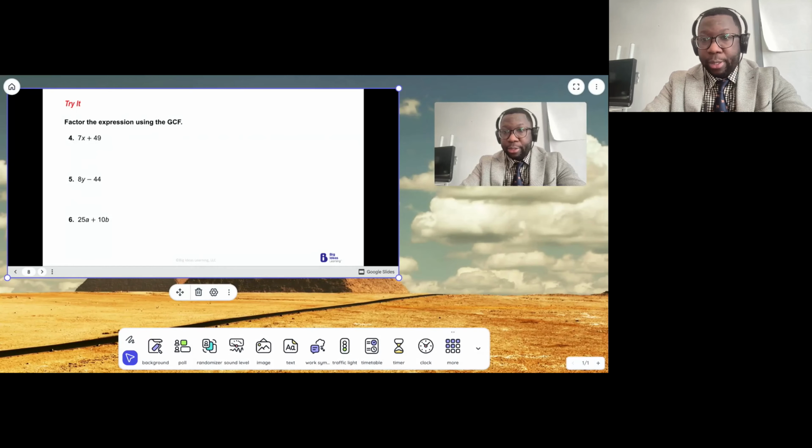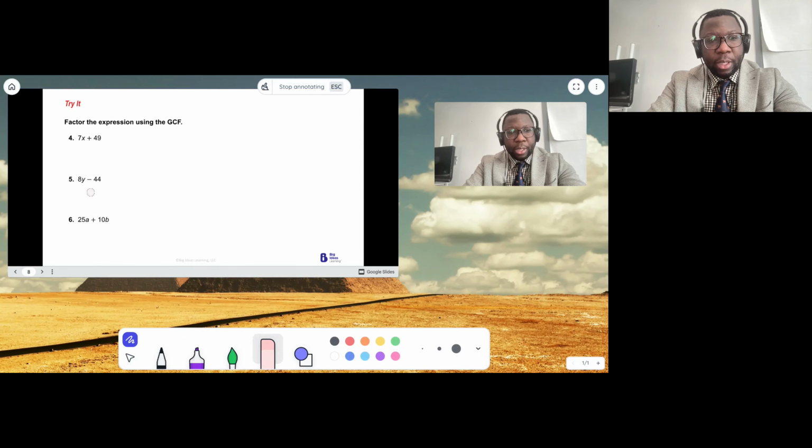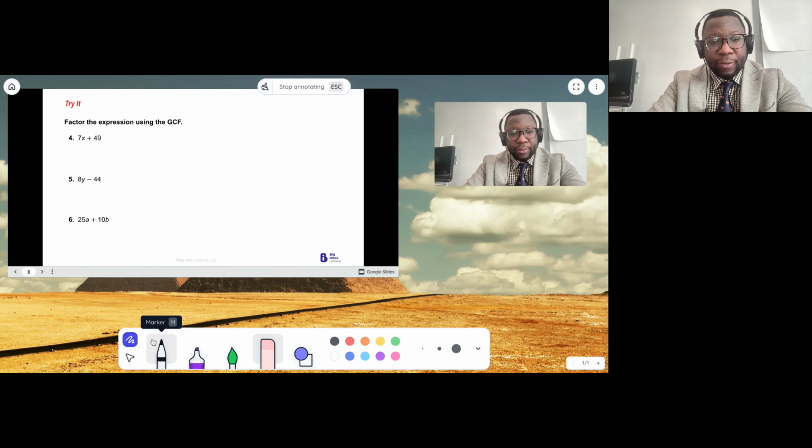We're going to try one example together, and that'll be it for today. So when we're looking at this expression here of 7x plus 49, what's the greatest common factor? Well, using prime factorization, we know that it's just going to be 7 times x gives us 7x.